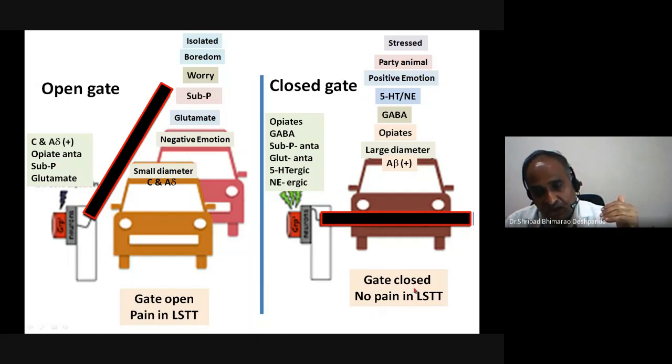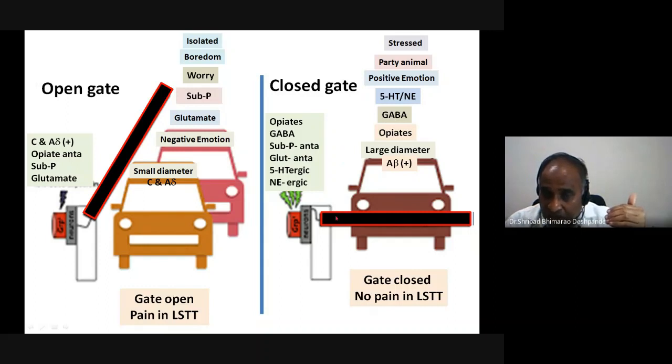The gate remaining closed means no pain traffic. So the closed gate is by the opiates, the GABA agonists, the substance P antagonists, the glutamatergic antagonists, the 5-HTergic neurons, norepinephrinergic neurons, or by the stimulation of the large diameter fibers, as happens in transcutaneous stimulation, or by acupuncture, or by the stimulation of the brain stem, that is the mesencephalic periaqueductal gray.